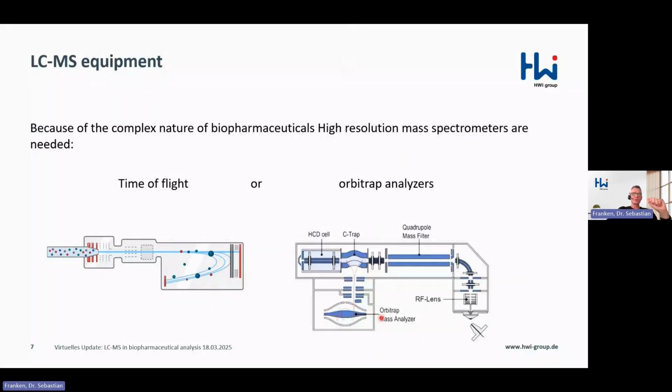And to analyze the huge amount of data that this analyzer produces, we need a mathematical technique that is called Fourier transformation. But don't worry, I'm not going to talk about Fourier transformation today because that would crash this virtual update definitely.